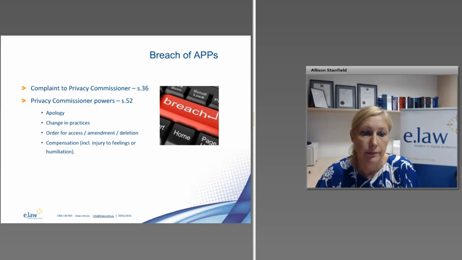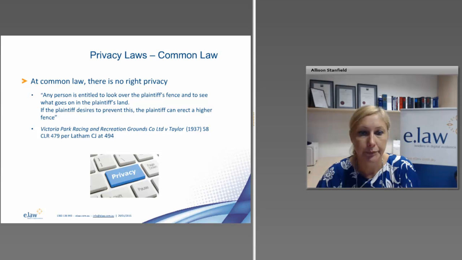But the Privacy Commissioner has the power to make an apology, to order change in practices, to order access, amendment or deletion of what's been stated, or actually order some sort of compensation. I'm not aware of any compensation orders in Australia that have been significant, so I guess we'll wait and see.